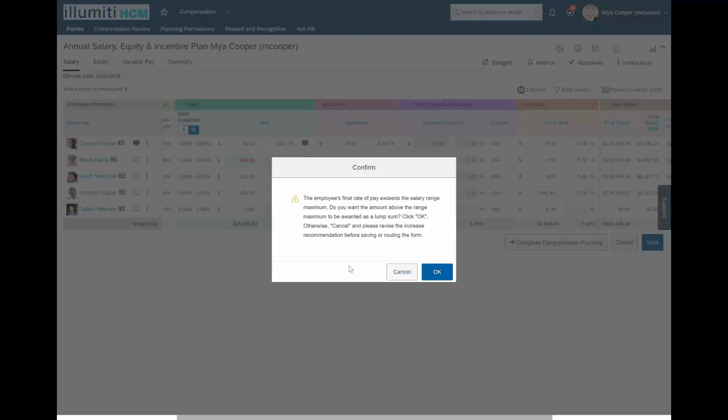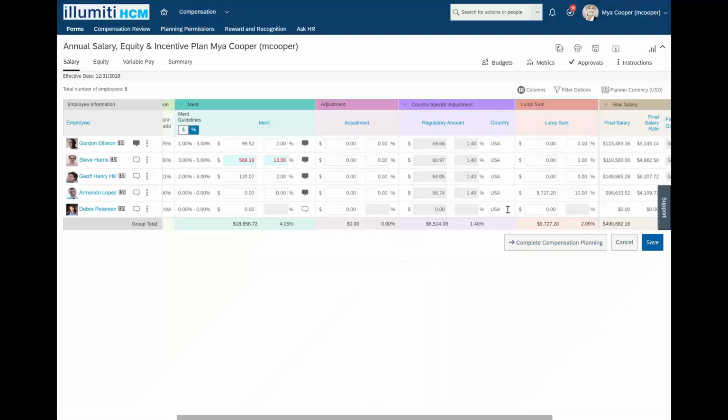And so according to the parameters of this plan, the recommended suggestion here is that a lump sum payment be given in lieu of a merit increase. And so the system's just letting us know that we have gone outside of that range, and instead we should come over and give some type of lump sum increase.